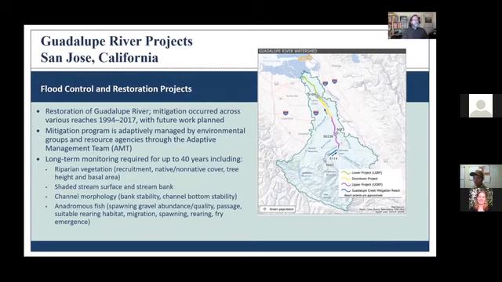As part of the mitigation requirements, there are long-term adaptive management and monitoring requirements that need to be met, with annual monitoring at a variety of these sites to test response in terms of riparian vegetation, recruitment, percent of native versus non-native cover, tree height and basal areas. But there are also a number of other aquatic and fisheries habitat-related monitoring components we won't be talking about today. I'll focus just on a subset of the riparian vegetation aspects.